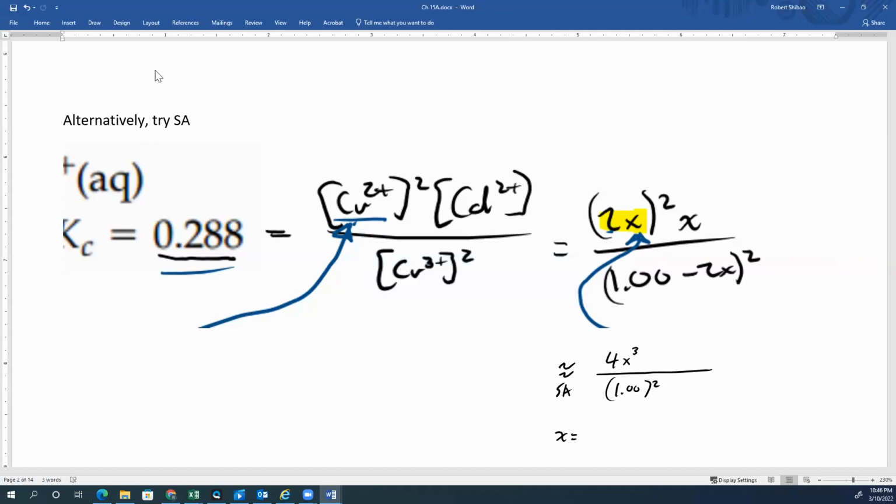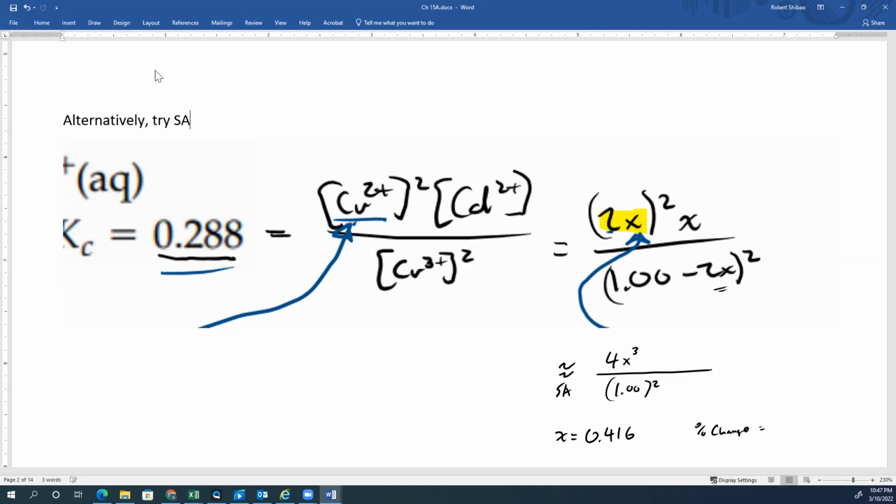And then we'll take the cube root. This calculator has a cube root, which is nice. So I'll just do the cube root. And then I have to justify the simplifying assumption, or validate it. When I calculate the percent change here, the percent change is the change, which is 2x. So 2 times this is 0.832.